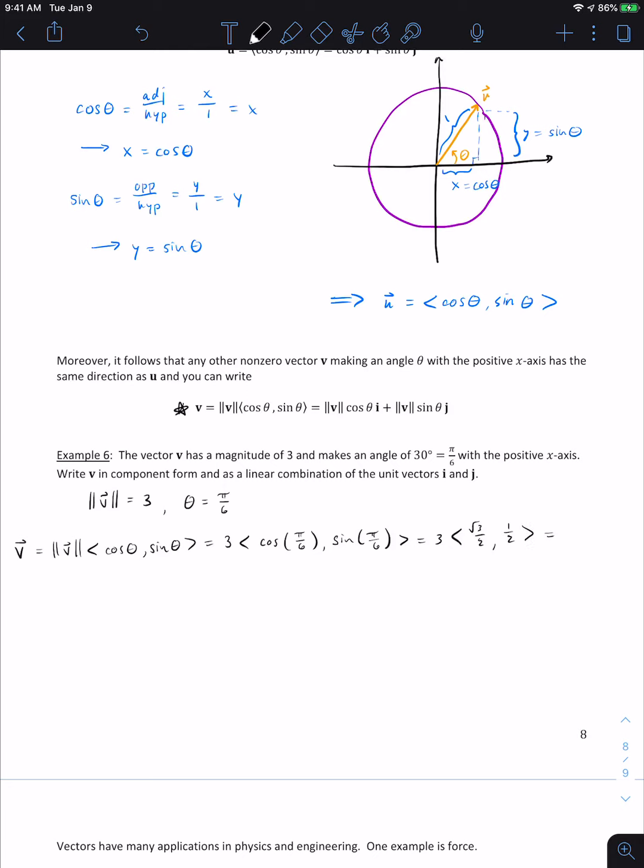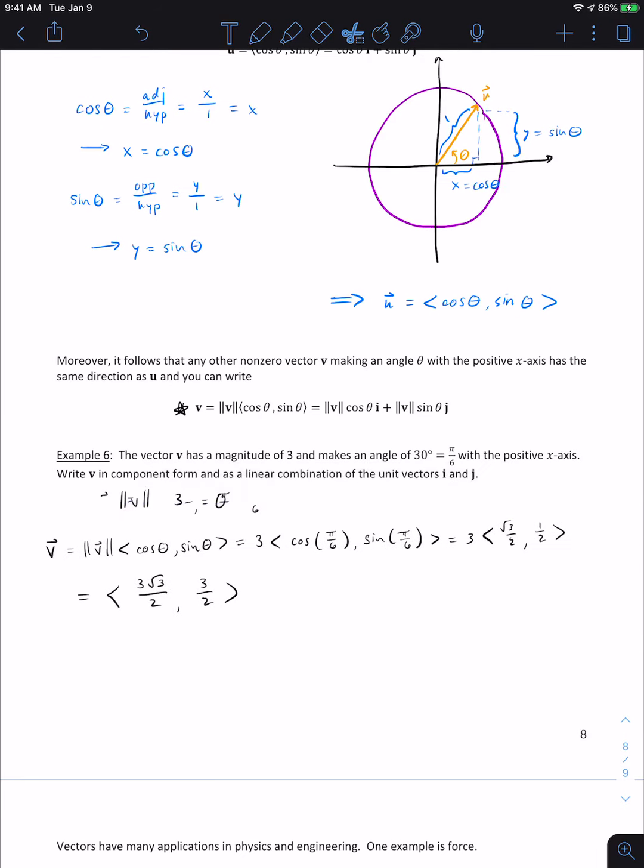So I end up getting, well, actually, I'm going to have to go to the second line. I end up getting here 3 radical 3 over 2 and 3/2. So that's what v is.